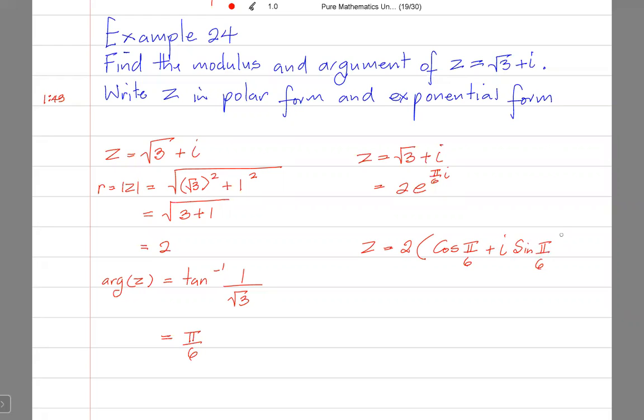So this would be the polar form, and z is equal to 2e to the pi by 6 i would be the exponential form.